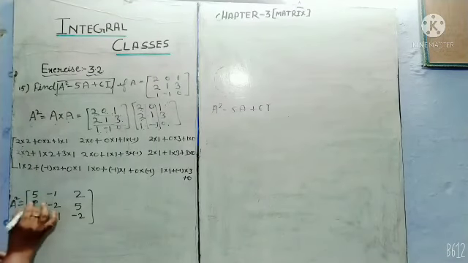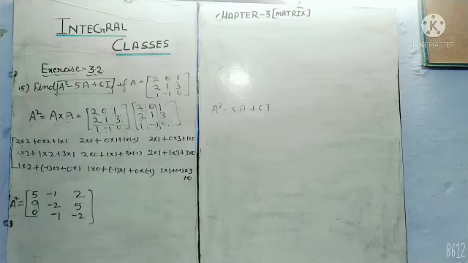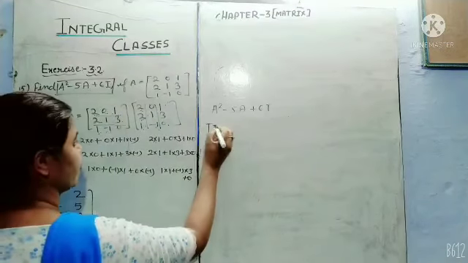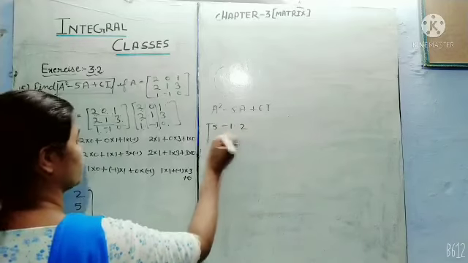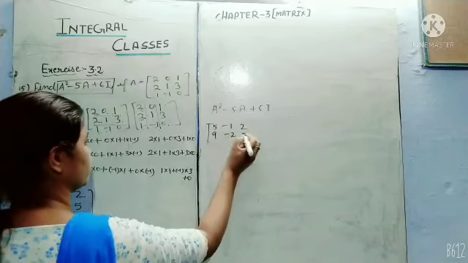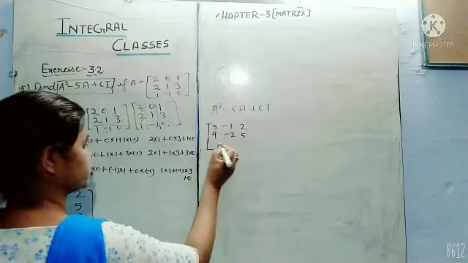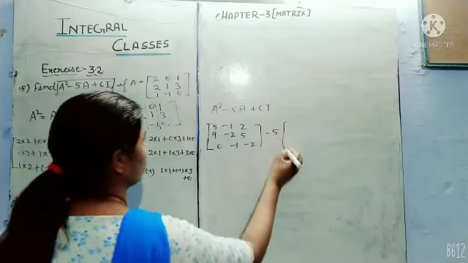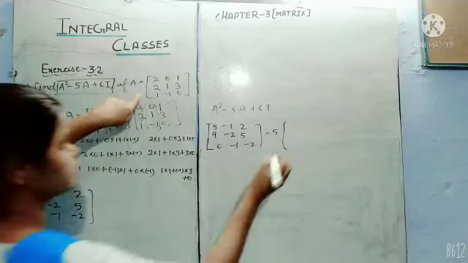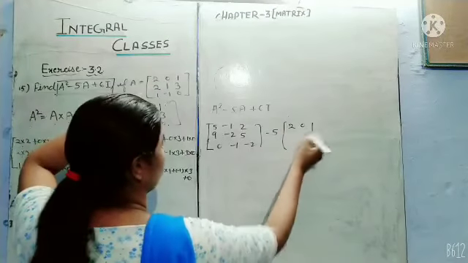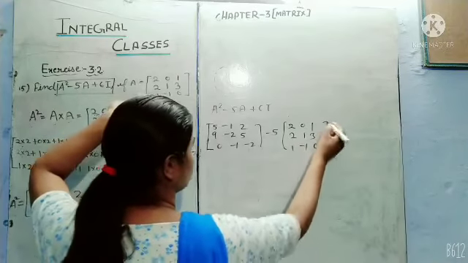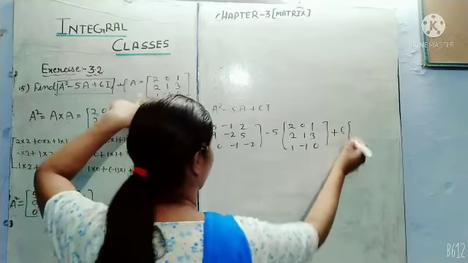Okay, now put the value of A square here: 5, minus 1, 2, 9, minus 2, 5, and 0, minus 1, minus 2. Minus 5 times the value of A, same here: 2 0 1, 2 1 3, 1 minus 1 0, plus 6I.